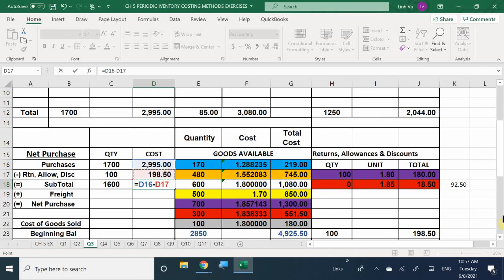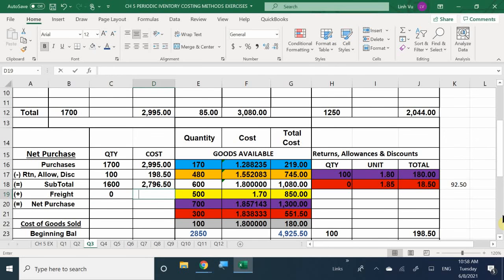Okay, the $29.95. Subtract the $198.50 and $27.96.50. Yes. Okay.